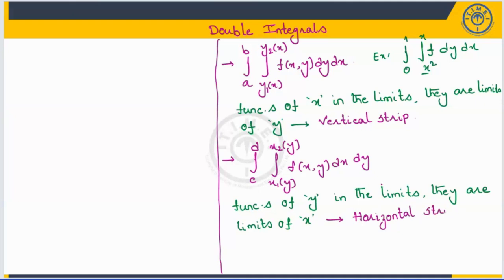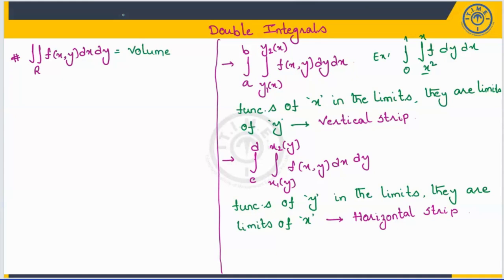Okay. And again, one more important point to be remembered here is, whenever you talk about a double integral over a region, a function f of x comma y dx dy, it always represents the volume.